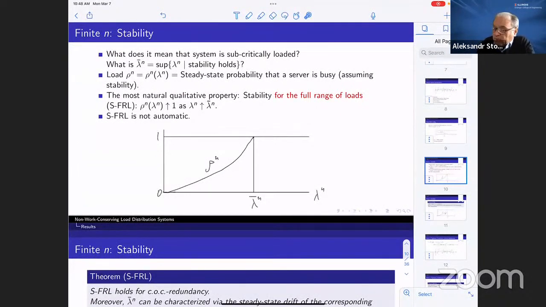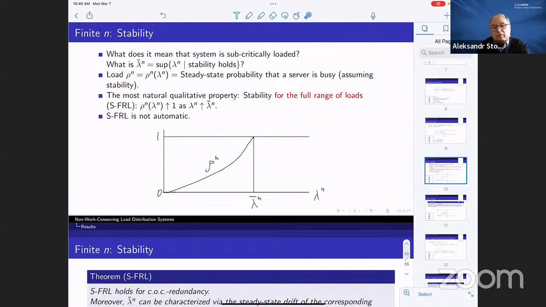So if we denote by lambda^n bar, right, this is the upper bound of those values of lambda, of arrival rates per server, under which the system is stable, right? So by monotonicity there is some well-defined upper bound. If we denote by rho^n the system load in steady state, this is the probability that the server is busy, assuming the system is stable, right?